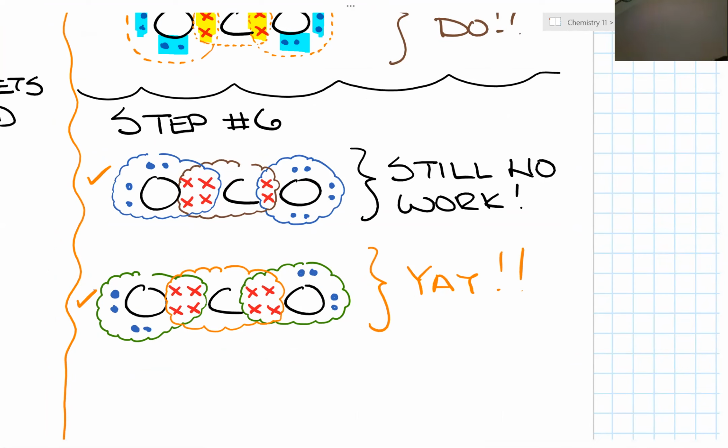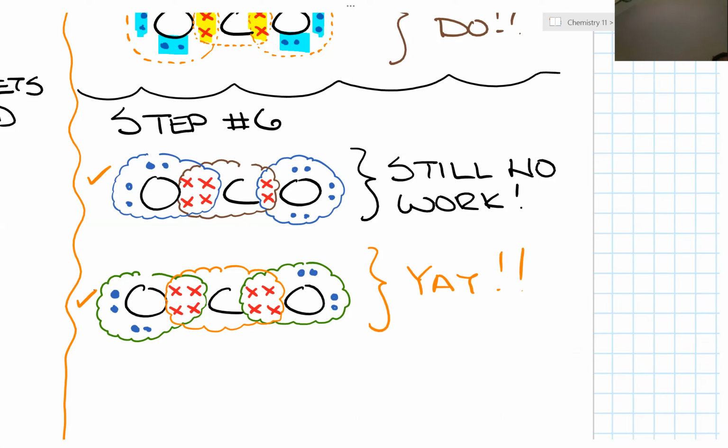Don't put double bonds everywhere. We start with 1 at a time. It's like eating a donut. You don't stuff your face with 5, 6, 7, 8, 9, 10 donuts all at once. You start off with 1 at a time. So if we've maxed out the double bonds and it doesn't work, then we try triple bonds.